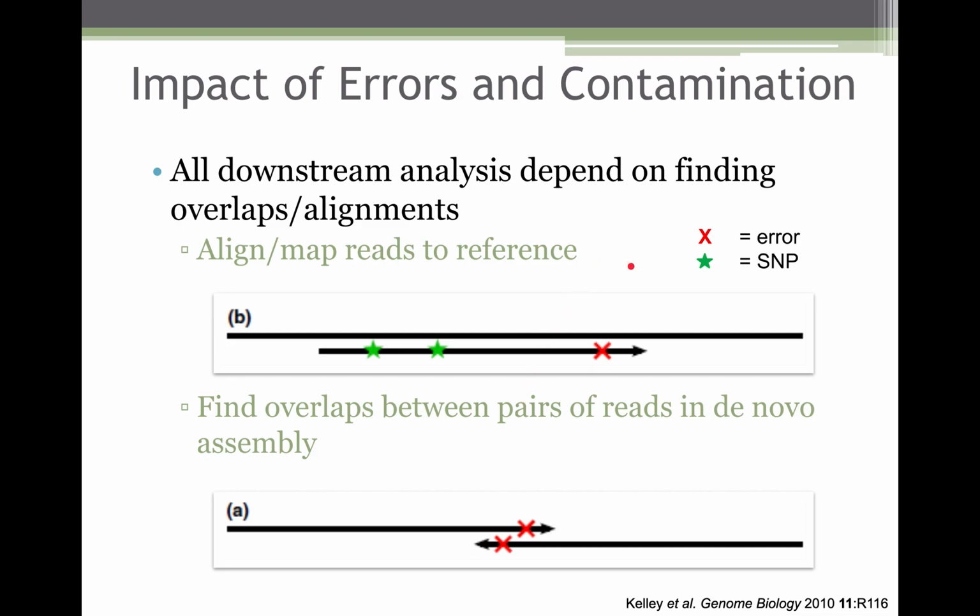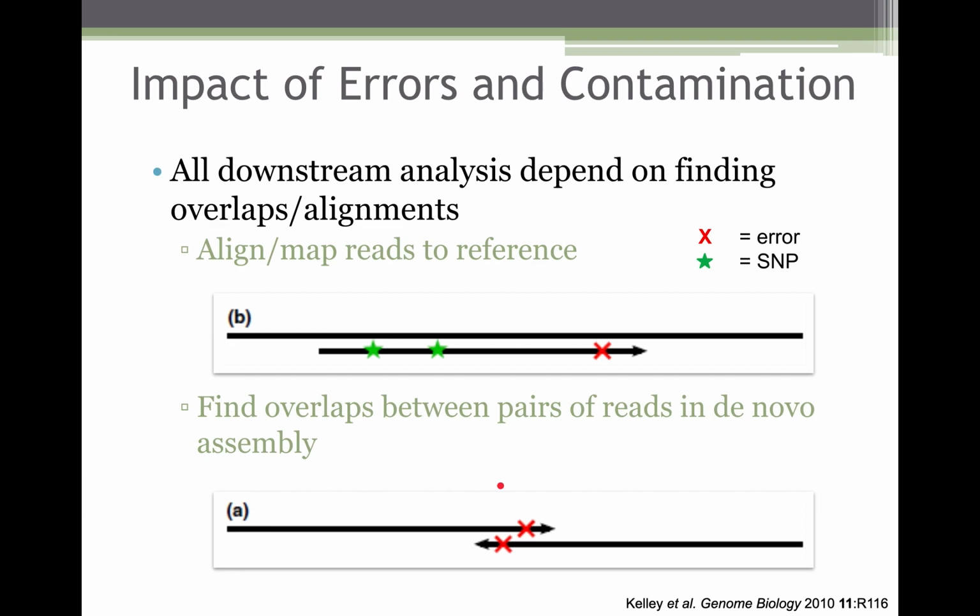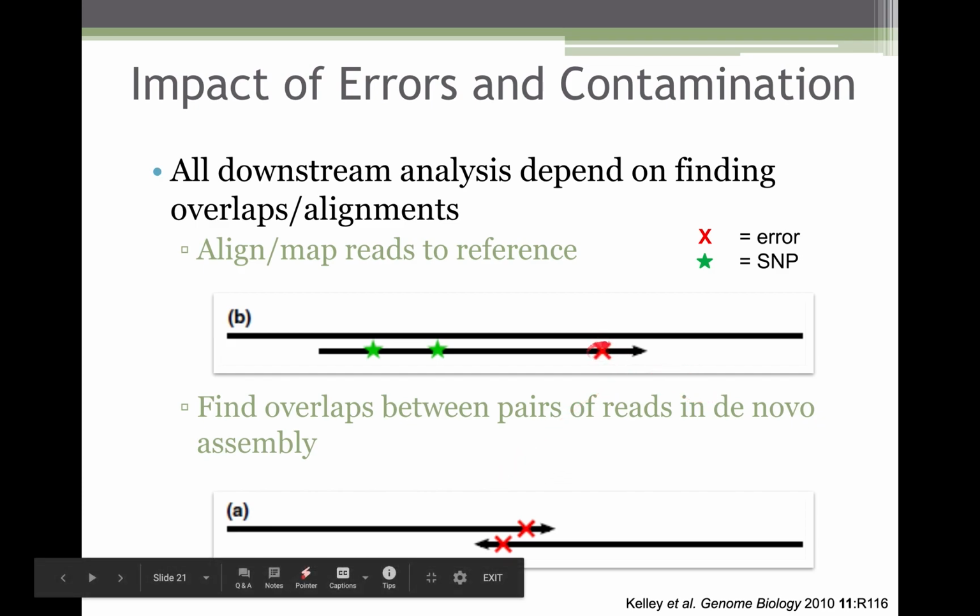And why do you want to clean up the data? Because if you have errors in the data, some of the bioinformatics workflows are going to be affected. You may miss out on a genuine alignment because of errors in the reads. And this becomes very important when you're looking for variants, because a sequence error may be confused with a SNP and vice versa.